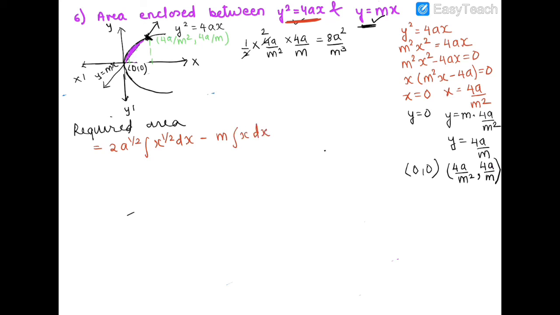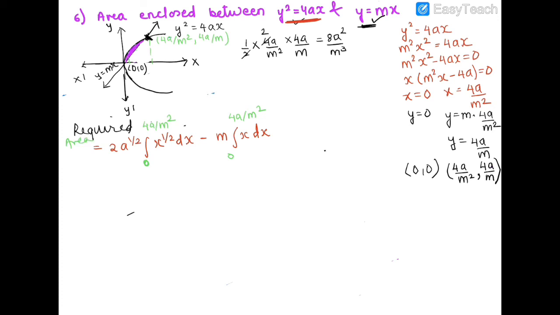What are the limits over here? Limits are, x की limit क्या है, 0, and I'll just erase this part, 4a by m square, और ये वाले क्या है, again 0, x की limits 4a by m square. This was the required area.